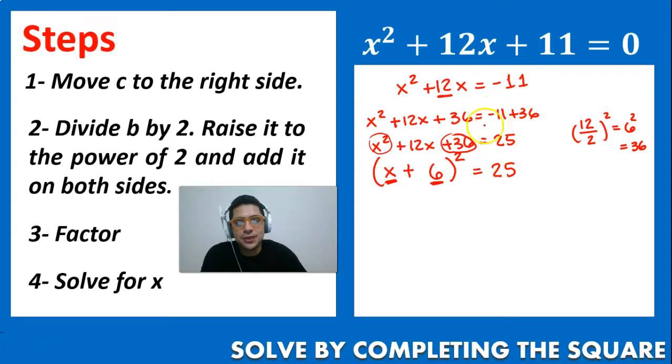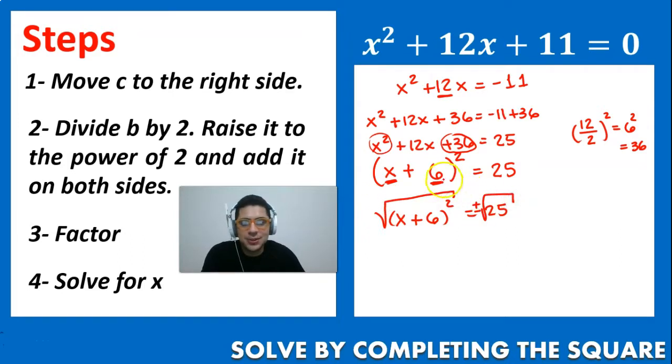Now, in order to solve for x, what we do is pretty easy. So x plus 6 to the power of 2 is going to be equal to 25. Now, if we want to take the square root out of both sides, we add plus or minus, and we add the square root. And that is going to be x plus 6 is equal to plus or minus the square root of 25, which is 5.